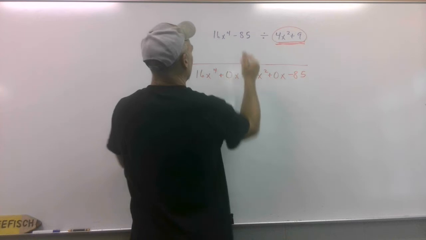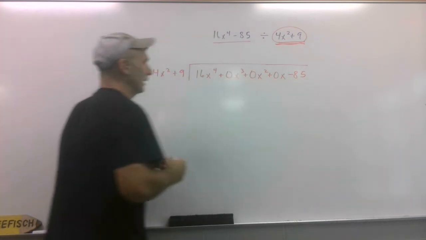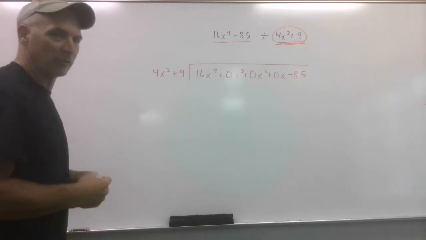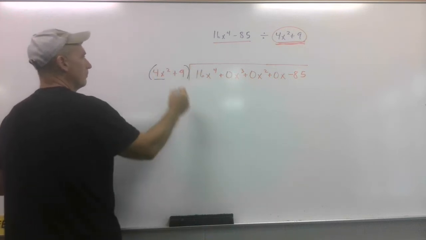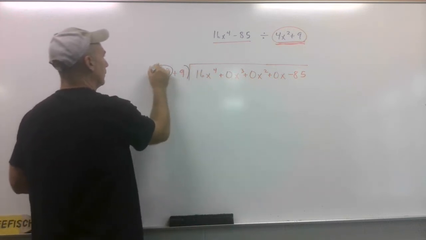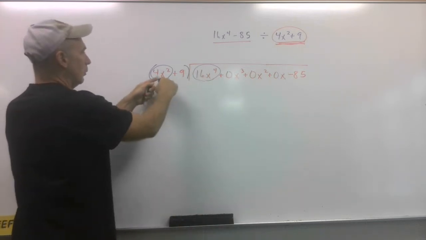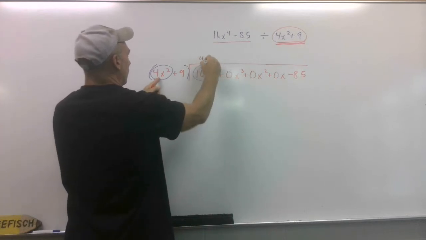This right here is this thing, but it's all in descending order here, so we can kind of make sense of it. But don't lose sight of this. We start here, put parentheses around it, and then we look here and here. That's how you get this stuff kick-started. What times this is this? That would be 4x squared.